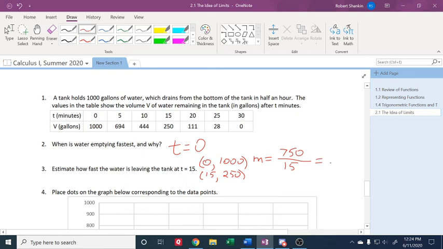And that's going to be 50? Yeah. And what would the units on that be? 50 gallons over minutes. Gallons per minute. Okay.